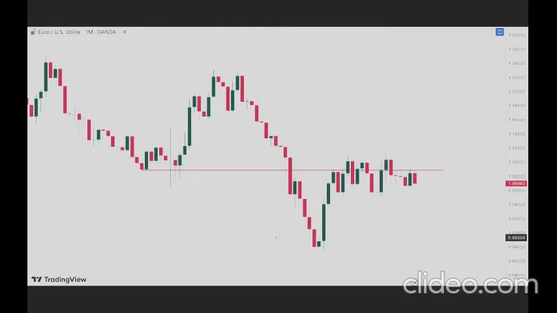How the market... So let us go on weekly time frame.